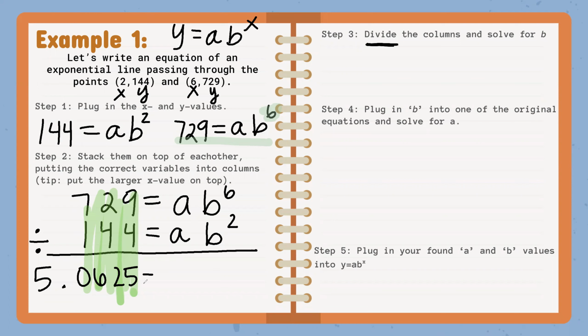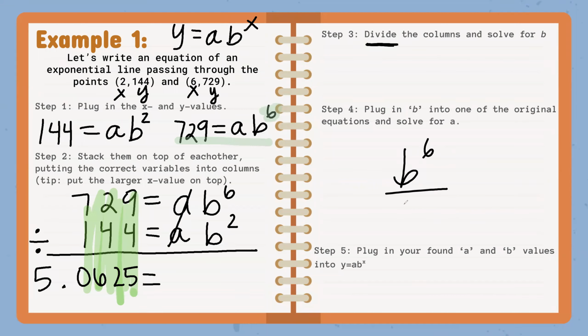If you do have a very large decimal though, just leave it as a whole fraction, 729 divided by 144. Then we have a divided by a. If we remember from math 1, when you divide exponents of the same base, you can just subtract. 1 minus 1 is 0, so this essentially cancels out to 1, but we don't put our 1 there. Then we do b^6 divided by b^2.